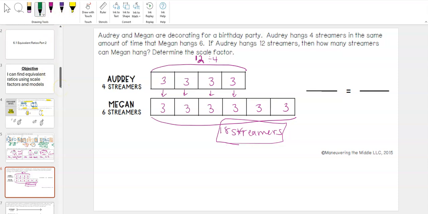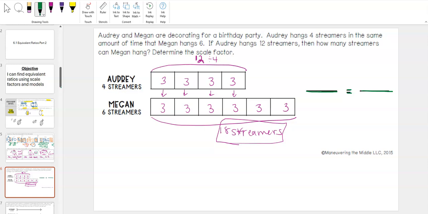Now that is one way to draw a picture and see a nice visual connecting these equivalent ratios. However, if you do not like drawing, or you can do the math in your head faster, I highly recommend you do this: bar, equal sign, bar. It's basically using equivalent ratios.